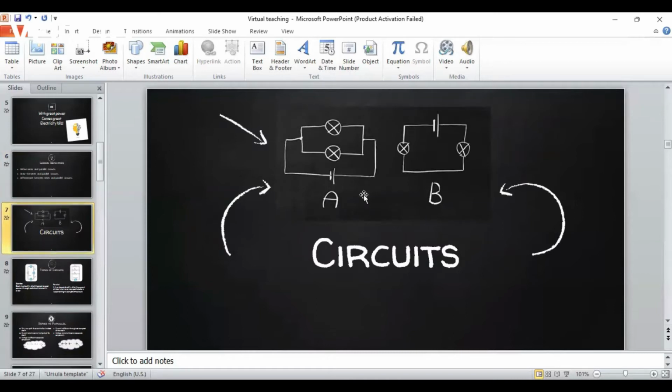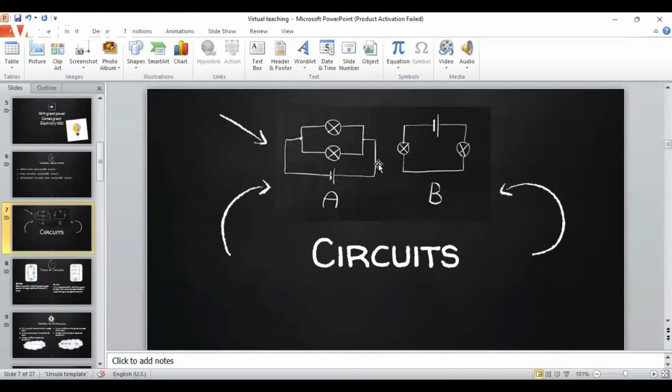As you can see, there are A and B. There are two circuits, which are basically a series and parallel circuit. So first of all, before moving on to the types of circuit, first we have to know what a circuit is. A circuit is the path.